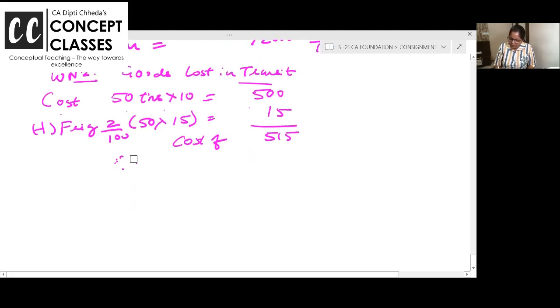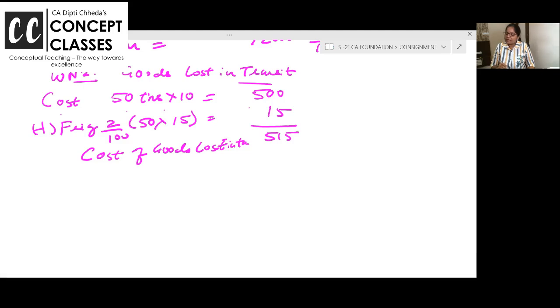Write it properly. Cost of goods lost in transit, 515. The cost of the goods which are lost in transit is 515.